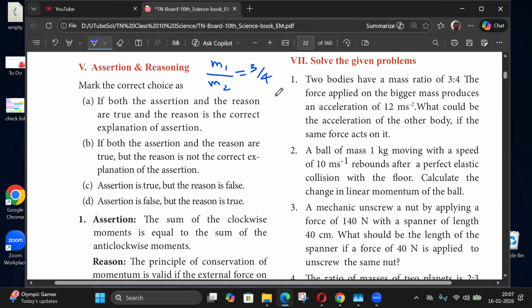So as soon as you read this, write M1 by M2 is 3 by 4. Once you write this, you don't have to read this thing again. Bigger mass is the second one.